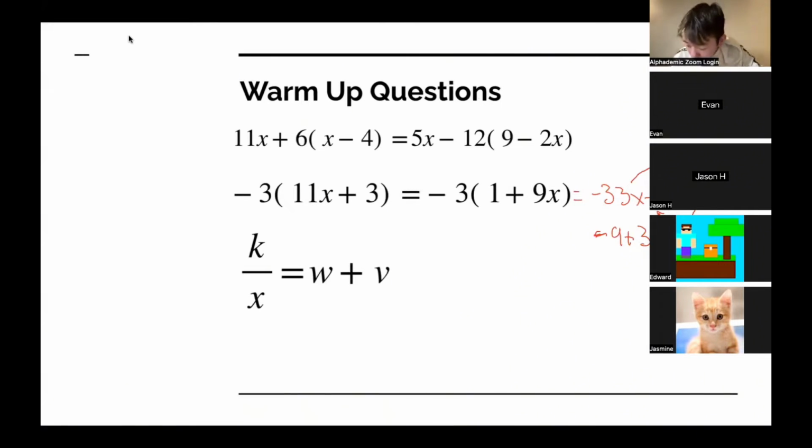Afterwards, we simplify. So on this side, we would get -6 is equal to 6x. Simplify, divide both sides by 6, and we would get x is equal to -1.